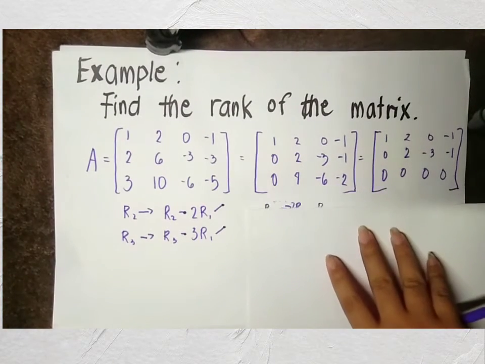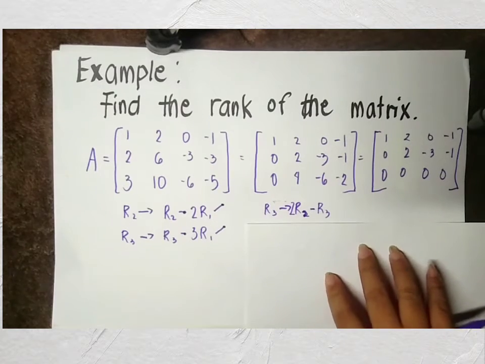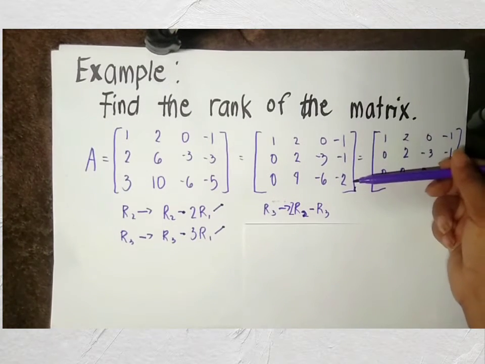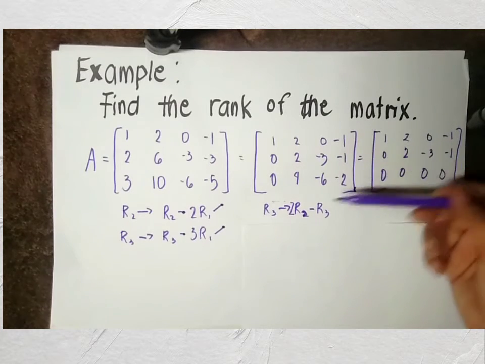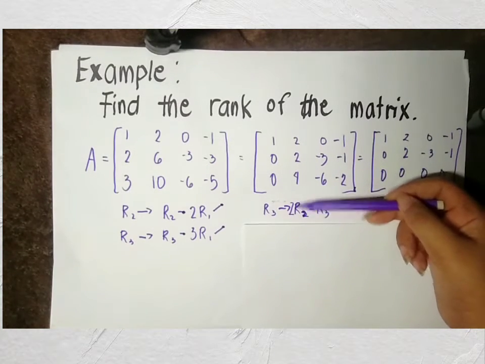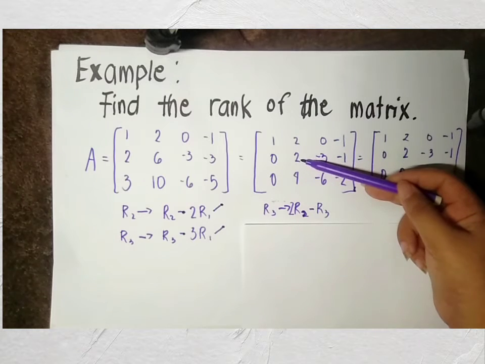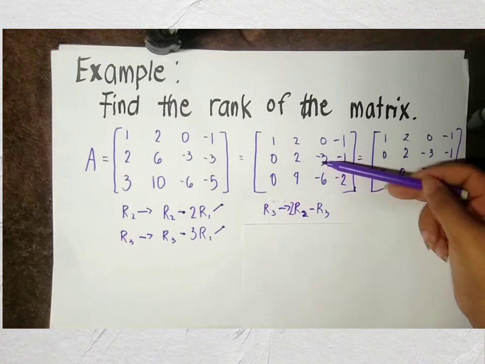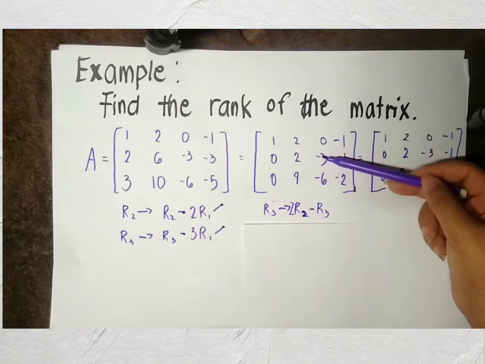Next. For this one, I use this formula to reduce row 3. I used row 2 to reduce row 3. So, 2 times 2 is 4. 4 minus 4 is 0. And then, negative 3 times 2 is negative 6.